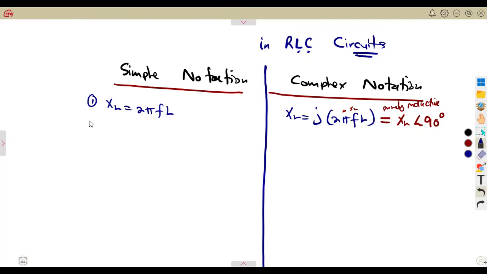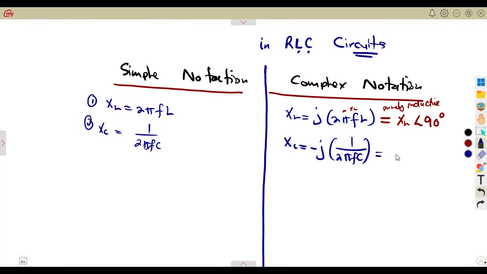Meaning to say, when it is for XC, what is going to happen? 1 over 2 pi FC that we are used to, this time, is carrying a negative. So it's negative J times 1 over 2 pi FC, representing the XC, but with a negative now.